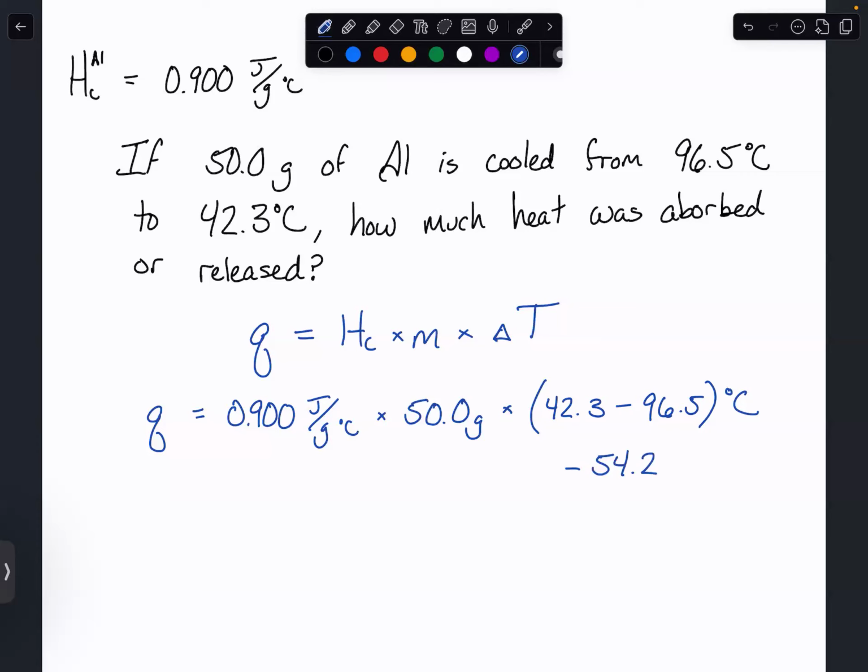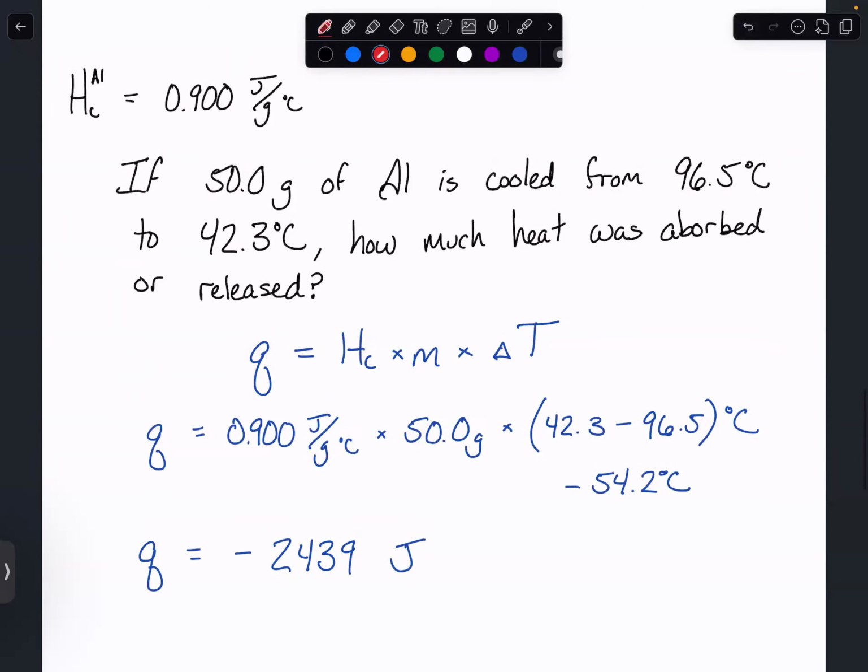Temperature of negative 54.2 degrees Celsius. All right, that times my 50 grams times my 0.9 gives me a Q of negative 2439. All right, and this is a big number, and everybody's like, oh, that's scary. It's a big number, but why is it a big number here? What is the units on this number? Just in joules, right?